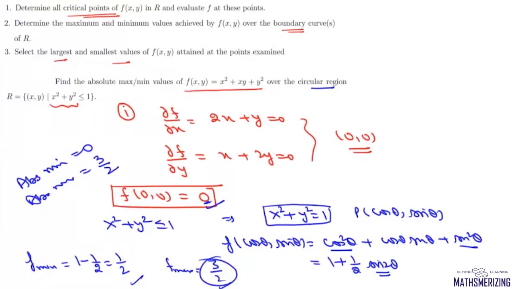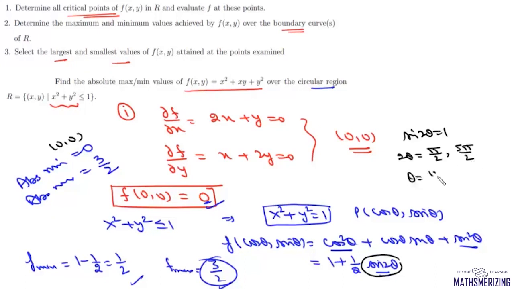And if you want, we can also write the points of maxima and minima. So we'll get minima at (0, 0), and we'll get absolute maximum where the value of sin 2 theta is 1. So we'll put sin 2 theta is 1. We'll get 2 theta as either pi by 2 or 5 pi by 2.